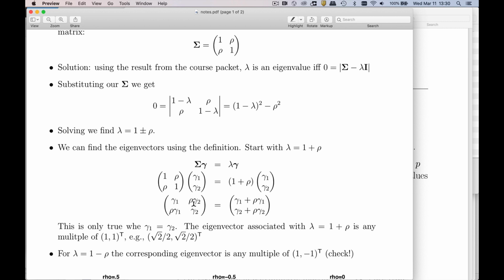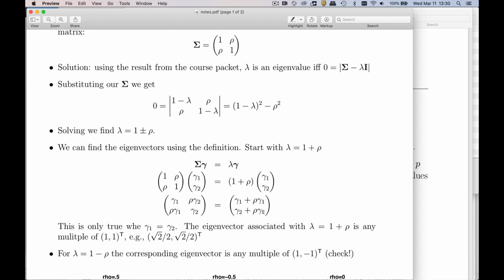And notice we get a system of two equations in two unknowns. Oops, there should be a plus sign there. I'll fix this before I send it out to you. So gamma 1 plus rho times gamma 2 has to be gamma 1 plus rho times gamma 1. Likewise, there should be a plus sign down here. So rho gamma 1 plus gamma 2 has to equal gamma 2 plus rho gamma 2.